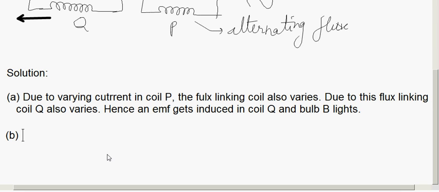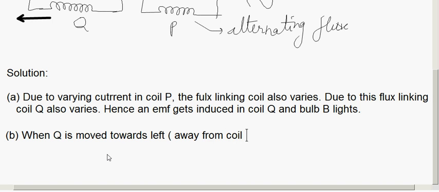When Q is moved towards left, that means away from coil P, the flux linking coil Q reduces.